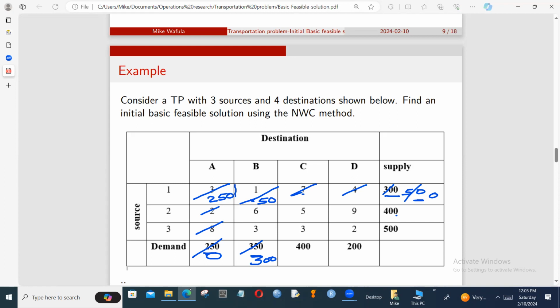Now you check the remaining 2 rows. The one on the northwest corner is this one. Its row total is 400 against its column total of 300. Between 300 and 400, you see that 300 is the smallest. So you assign 300 here.